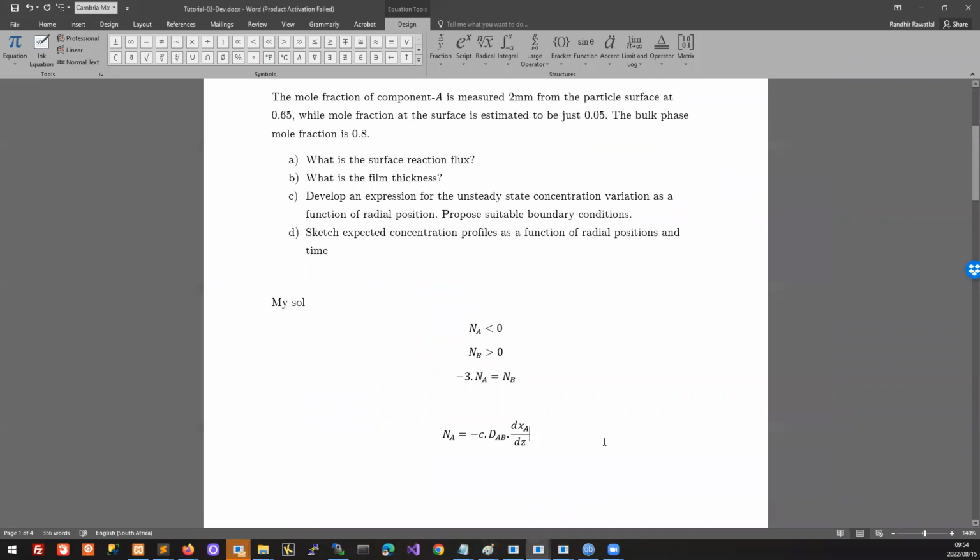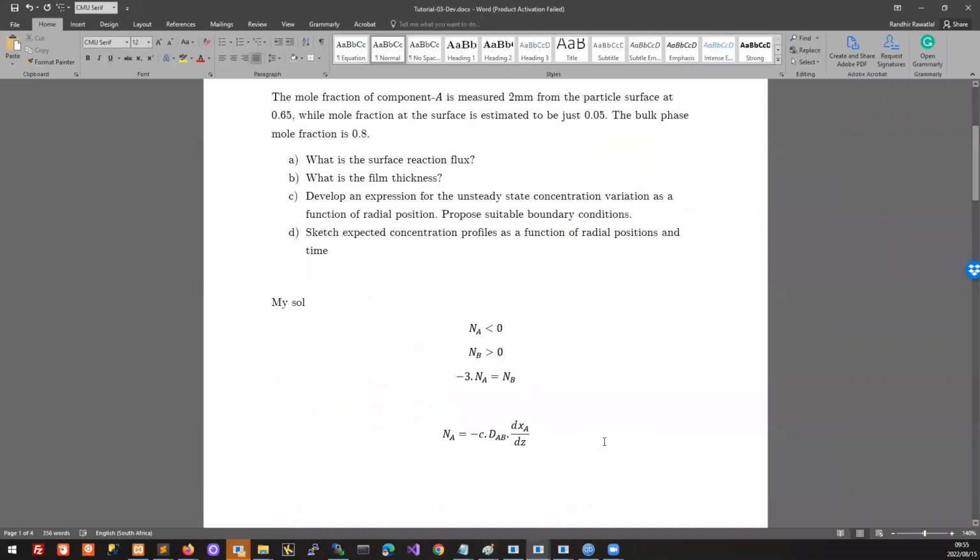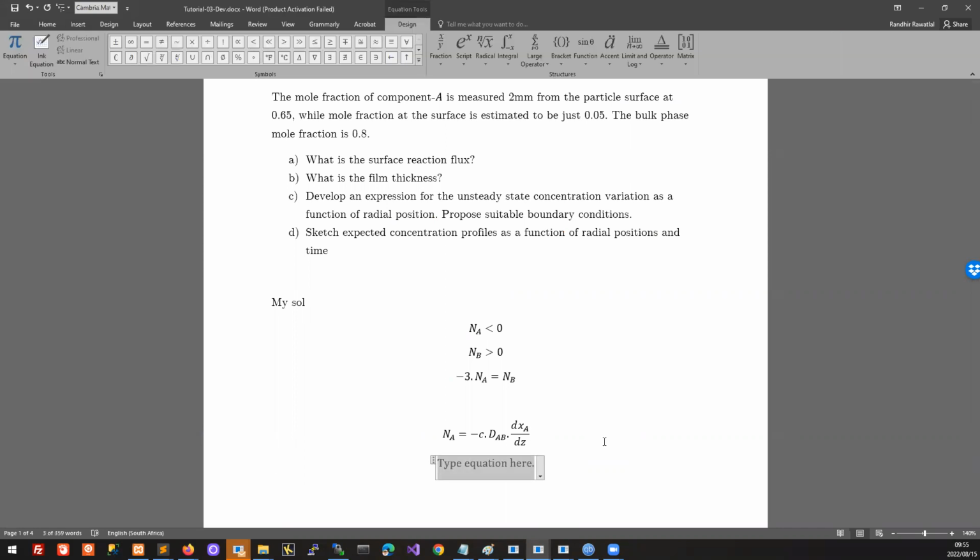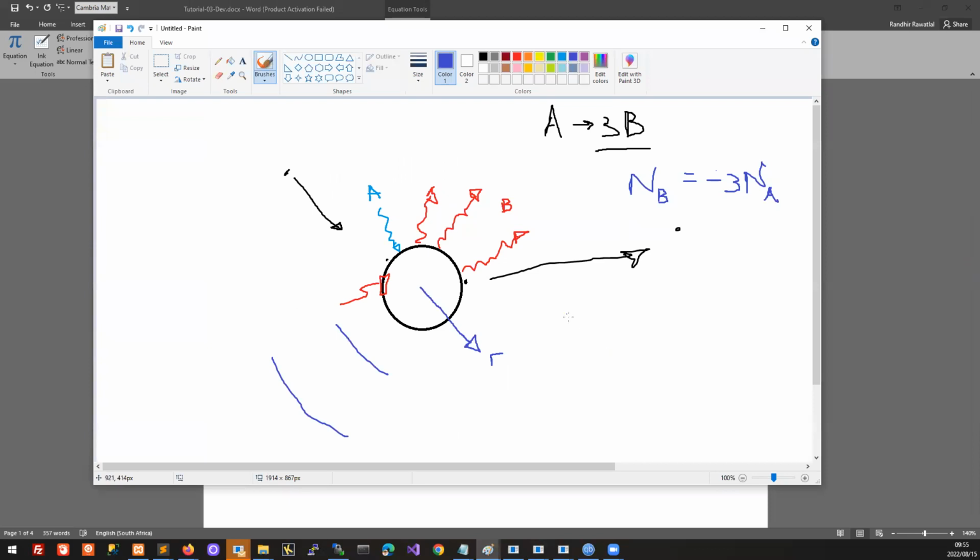So what we mean by that is, if we want to estimate, let's say the total molar flow rate, dNA/dt, and we want to know what this is at some position R, then we could define this. We could say, I'd like to know what's the number of moles per second, right?